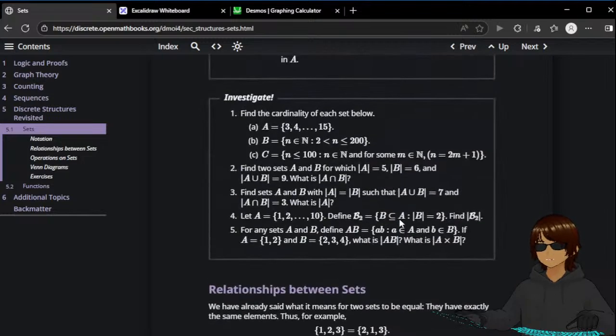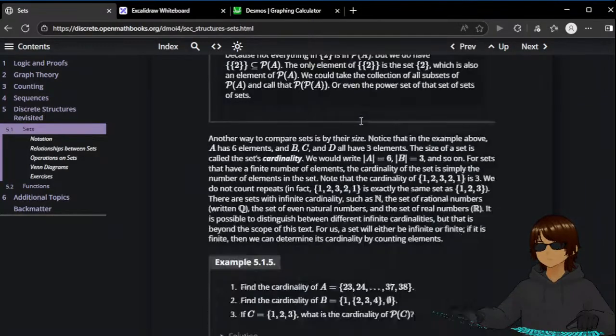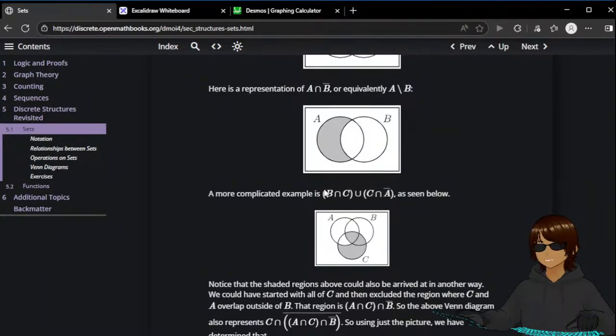A minus B. We have A set difference B. We have B union C. And then, sorry, A, B intersecting with C. So we have all this. Union with C intersecting not A. So C intersecting not A is this. So all of this entire thing.